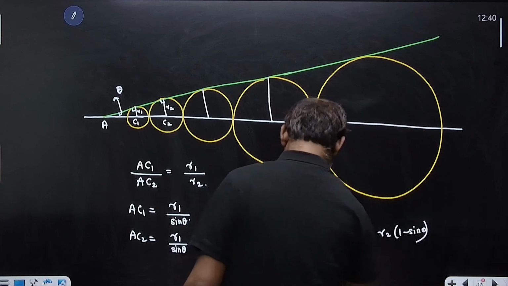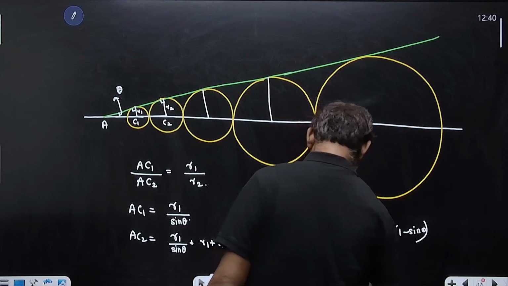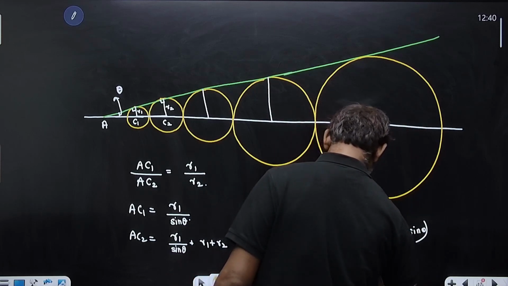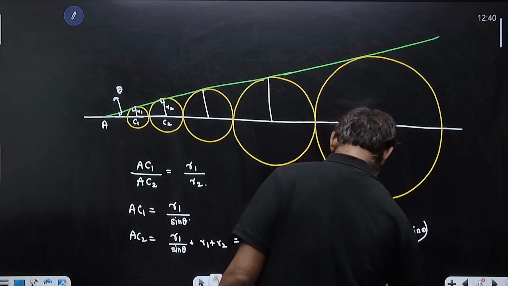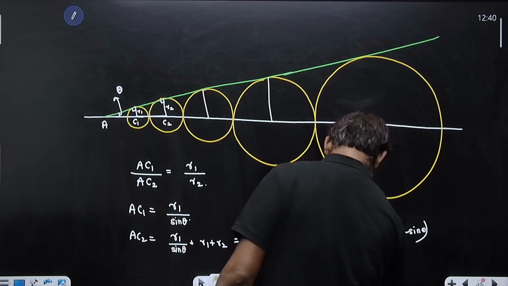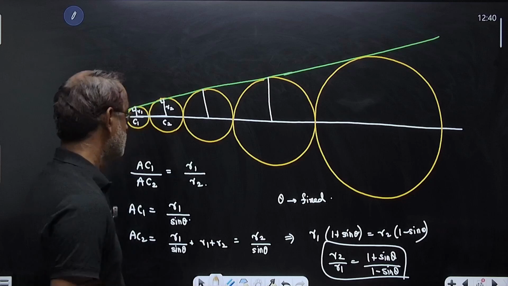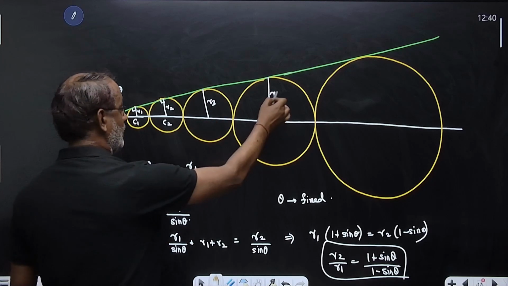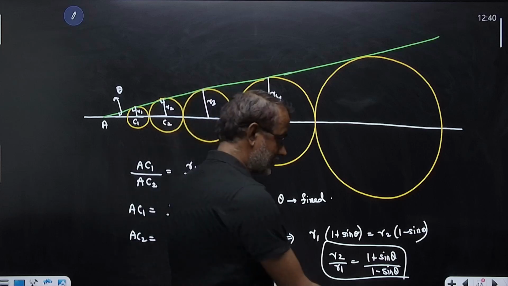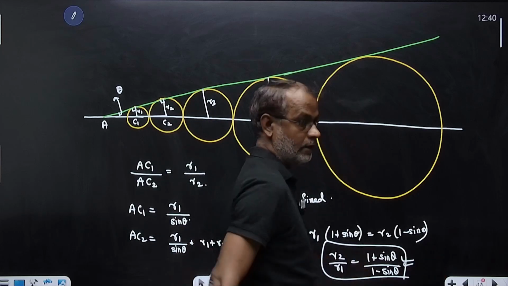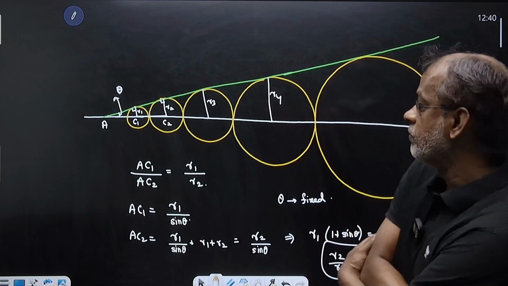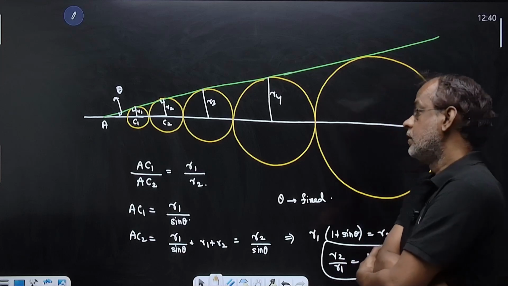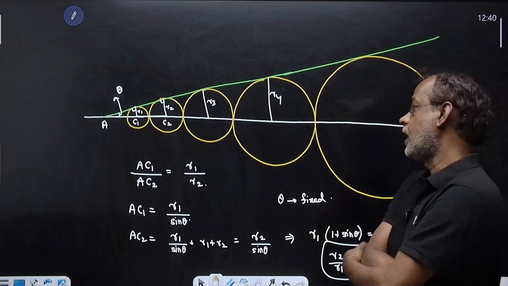So, what is R2 by R1? And so will be R3 by R2, so will be R4 by R3. So, since theta is fixed, this ratio is fixed. That means the radii of these circles are in GP.